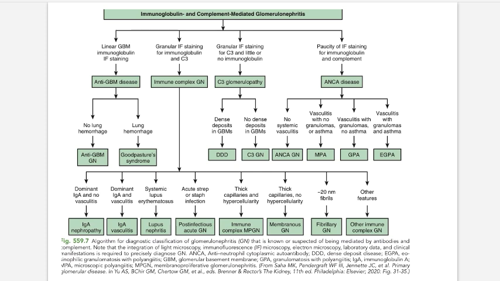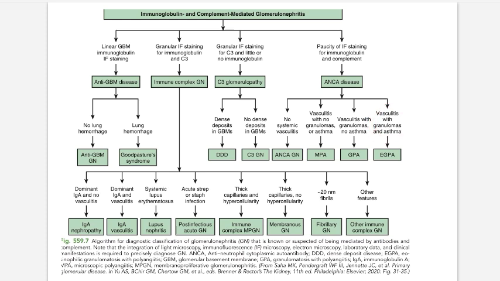In these conditions, microscopic polyangiitis, granulomatosis with polyangiitis, and eosinophilic granulomatosis with polyangiitis, we see only vasculitis, vasculitis plus granuloma, and vasculitis plus granuloma plus asthma. That is how we differentiate them.